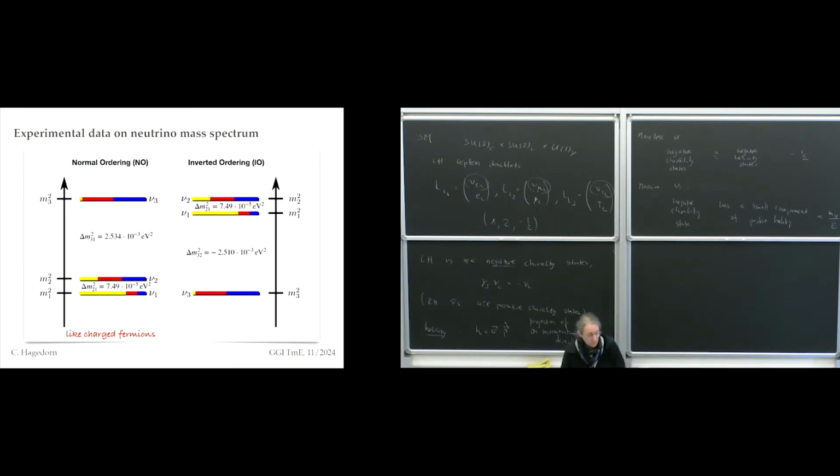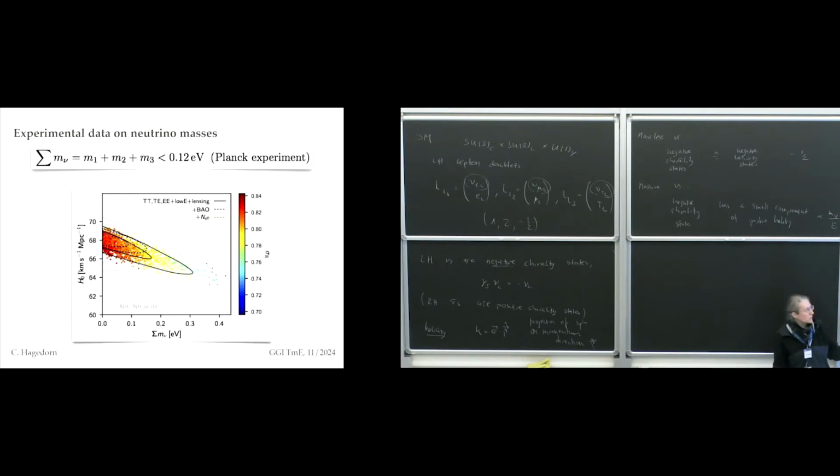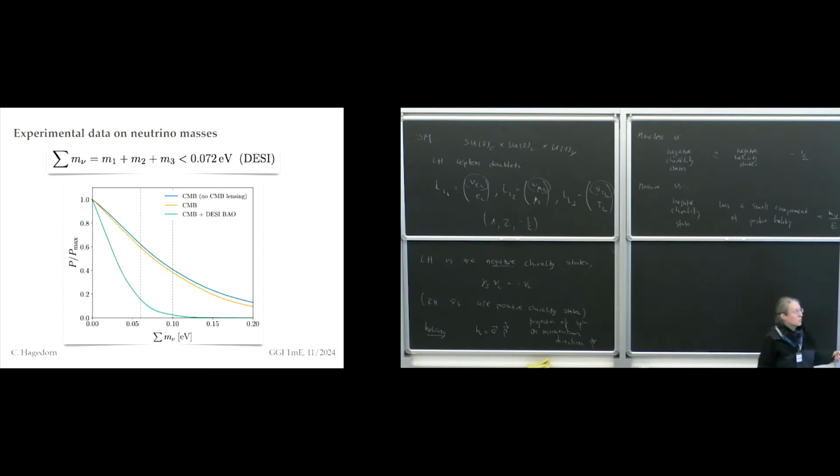So that's now about the mass. If you are very critical, you might say you really don't like this information, that much of the information in particular on the scale, the sum of the light neutrino masses, actually comes from cosmology.